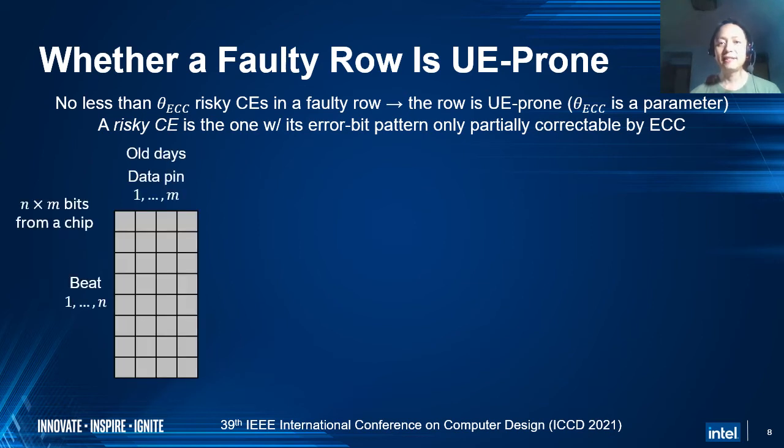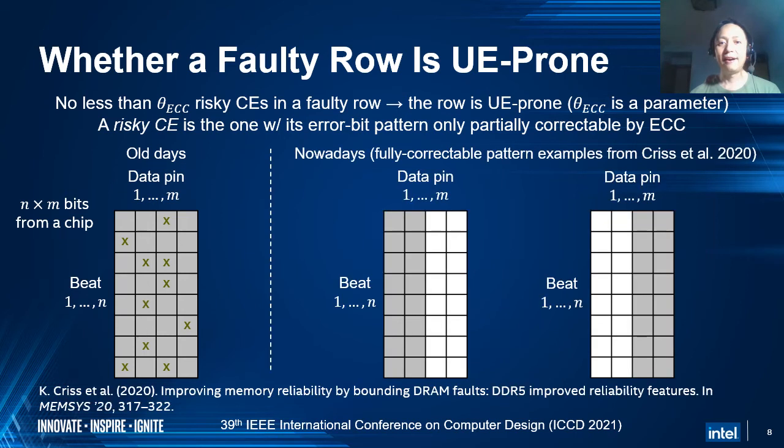In the old days, any errors inside the DRAM chip were fully correctable by ECC, as shown in this example. However, on contemporary Intel platforms, this is not true anymore. While ECC is highly confidential, Intel shares the fully correctable patterns under non-disclosure agreement with key customers and vendors.